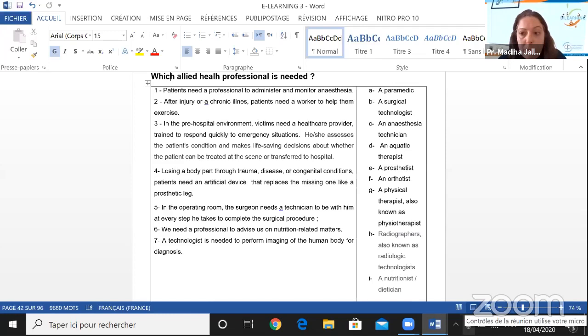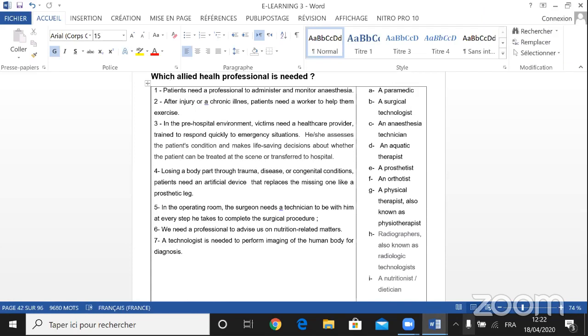And after injury or a chronic illness, patients need a worker to help them exercise after injury, after fractures, after sprain, after strain. A physical therapist or physiotherapist.